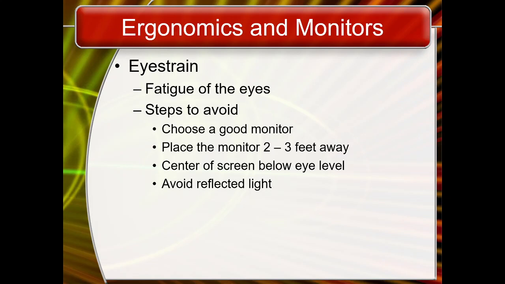So we need to save ourselves from eye strain and fatigue of the eyes. How can we do that? First of all, we need to choose a good monitor, LCD, or a good output device. We should be at a proper distance to view, with the center of the screen below our eye level. We should avoid reflected lights.